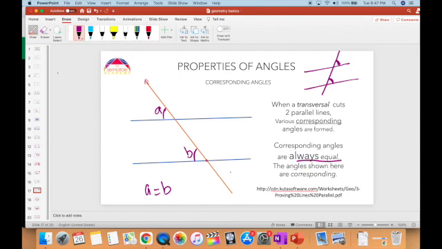So are there any other angles that are corresponding here? Can't I say that this angle here is the same as this angle here? Can I say that? Ariel, do you understand that? Yes, sir. So that means that these two angles are corresponding as well. What about this angle here being the same as this angle here?